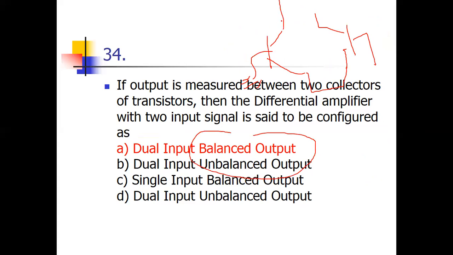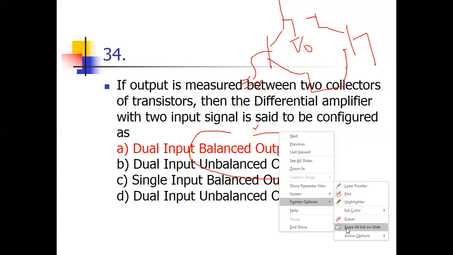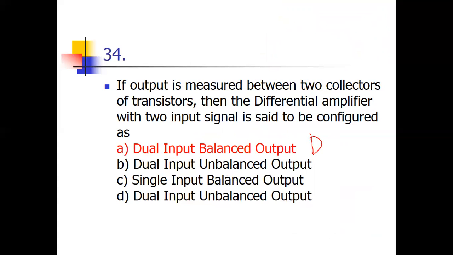If we are getting output at both terminals, then it is balanced. And if we are getting output at one terminal only, then it is unbalanced. So there are four types of category. What is dual input balanced output? It means we are applying input at both terminals and taking output at both terminals. Dual input unbalanced output means we are applying input at both terminals but taking output from one.